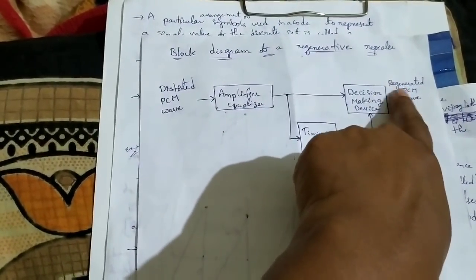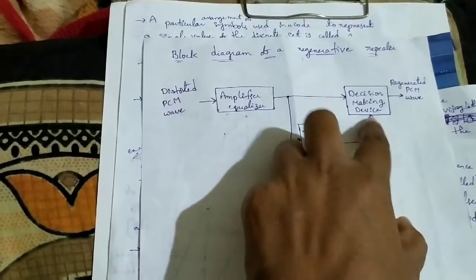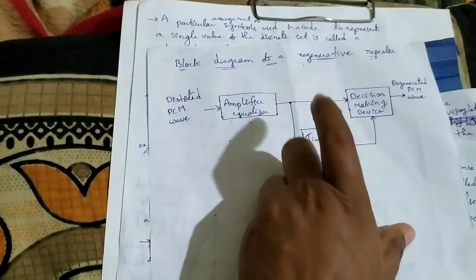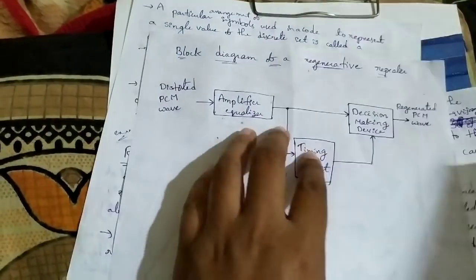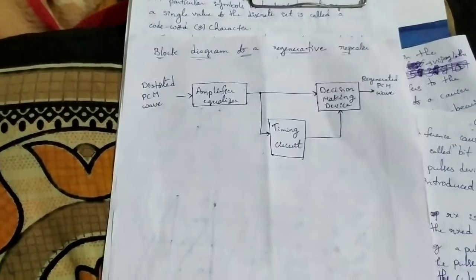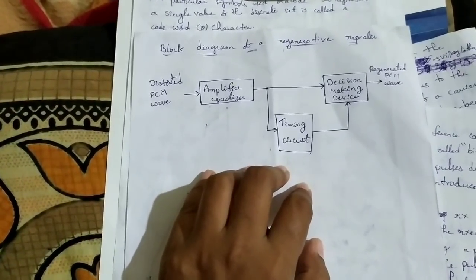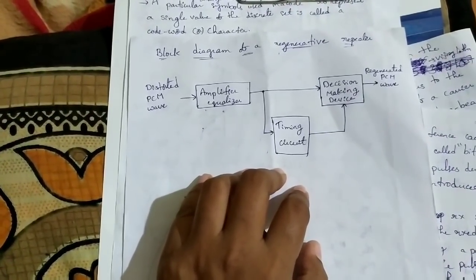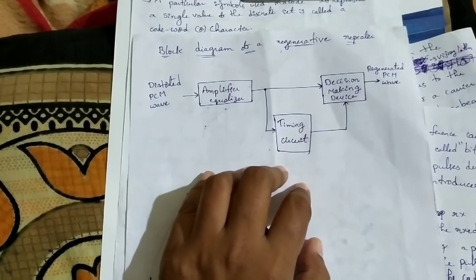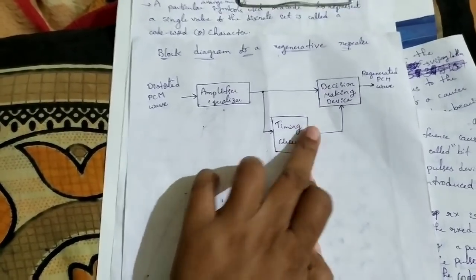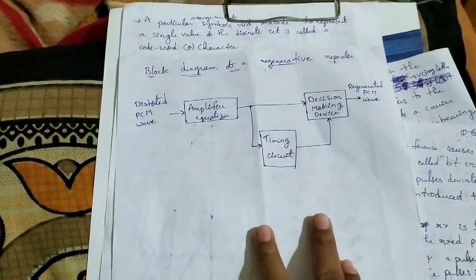Here you will get the regenerated PCM wave. What is the function of each and every block, that we will see here. Take this diagram: distorted PCM wave, amplifier equalizer, timing circuit, decision making device. Regenerated PCM is the output.